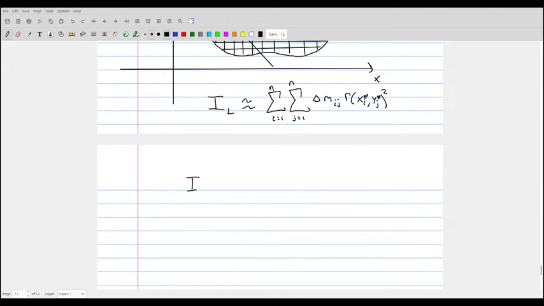So that means that IL is approximately equal to the summation over all of the pieces of the partition of the mass density at the sample point multiplied by the distance to the line L squared multiplied by delta Aij.